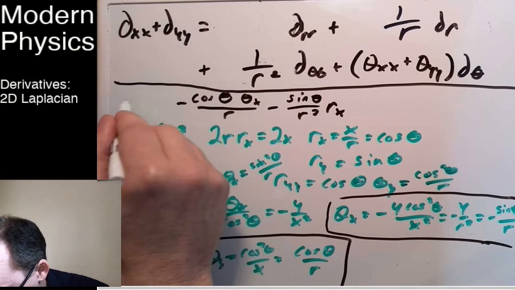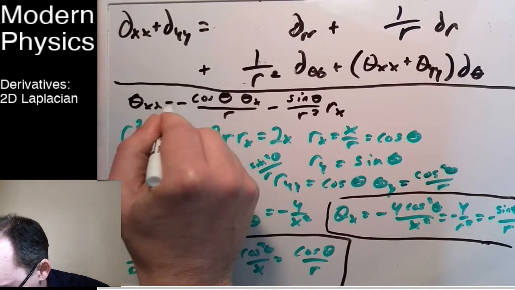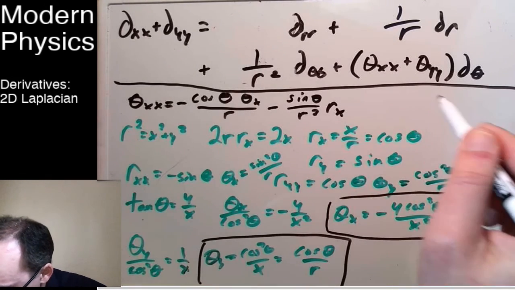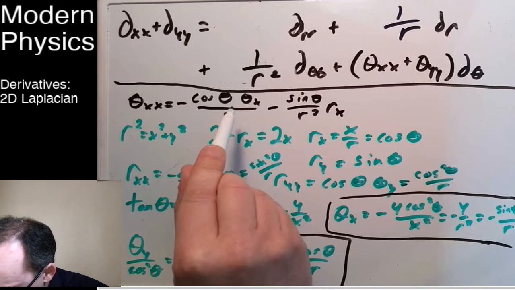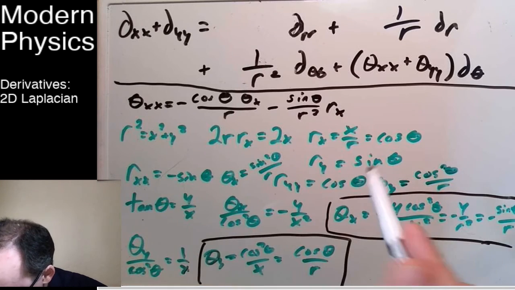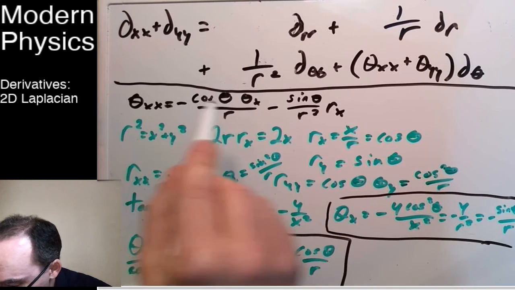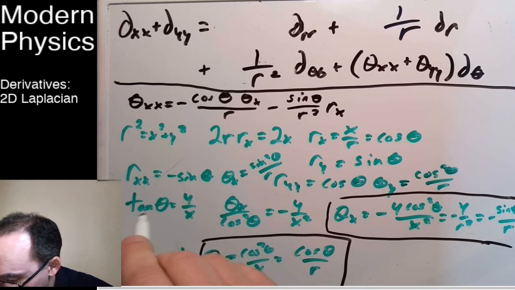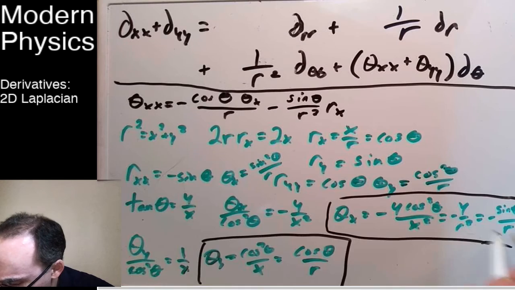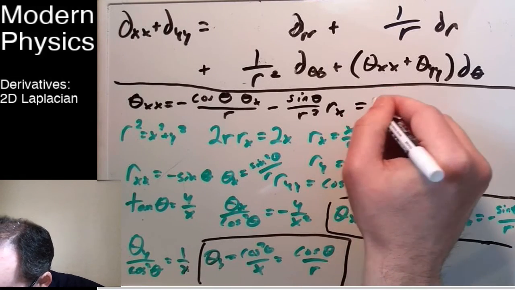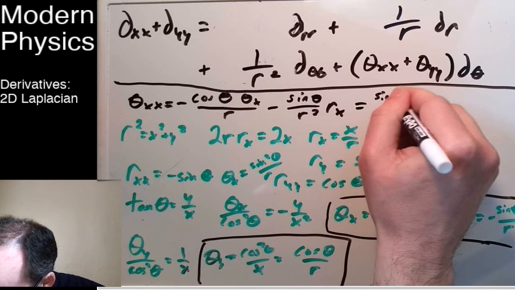Okay, this is all theta xx. But I already know what theta x and rx are. I've calculated those. In fact, theta x is right there. So I've got a minus sign and a minus sign, so that becomes positive sine times cosine over r squared, because I've got factors of r. So I've got sine, cosine.